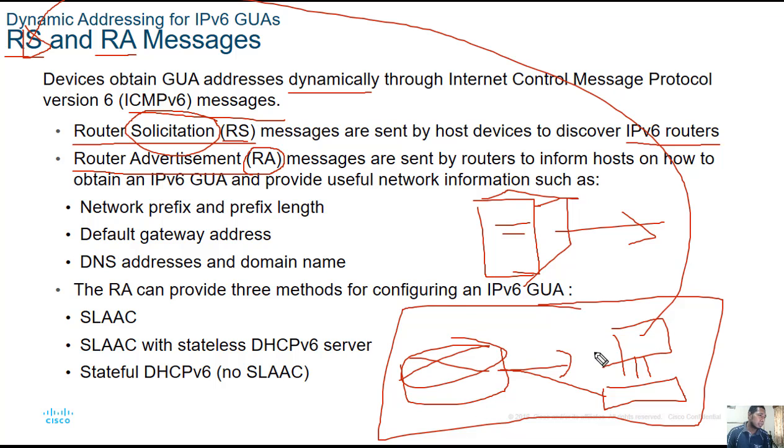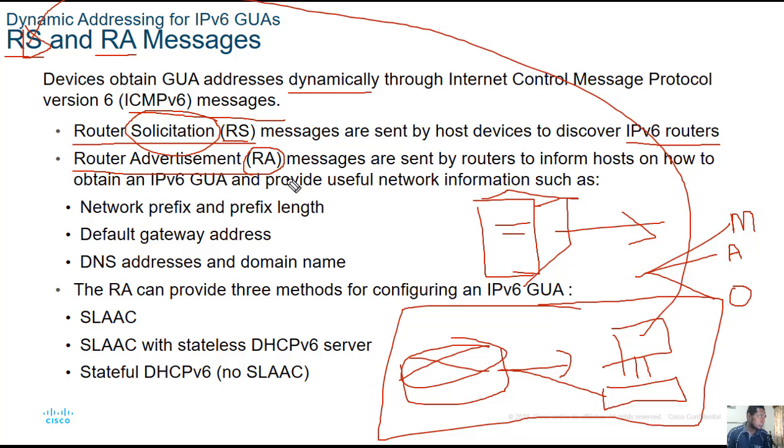Now these RA messages will contain three types of flags, so an M flag, an A flag, and an O flag. There's a separate video I put up, the link, where I explain these different flags. That's how these router advertisements will inform hosts within that network how they're able to obtain an IPv6 address.